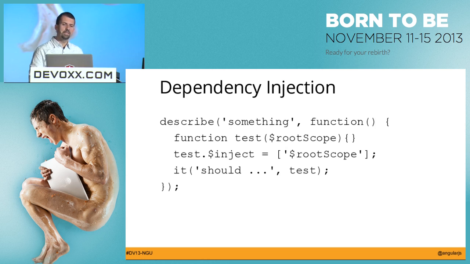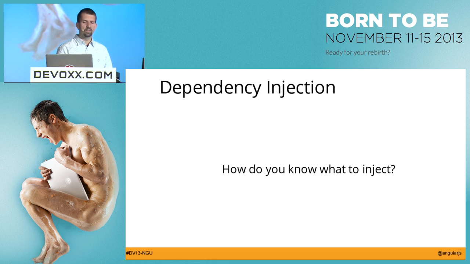Now, obviously, this doesn't work when you run code through minification, but tests don't go through minification, right? So it doesn't matter. For production code, you'll use either $inject or we have another form of this. But we wanted to make sure that tests are easy to write.